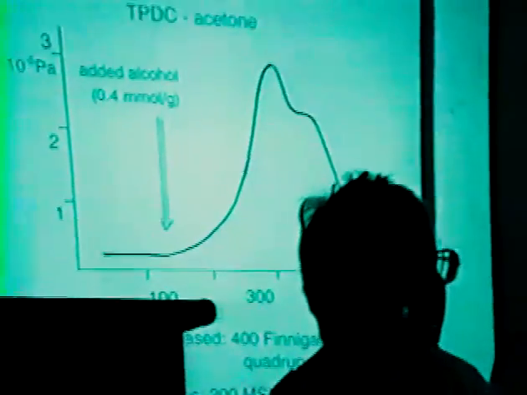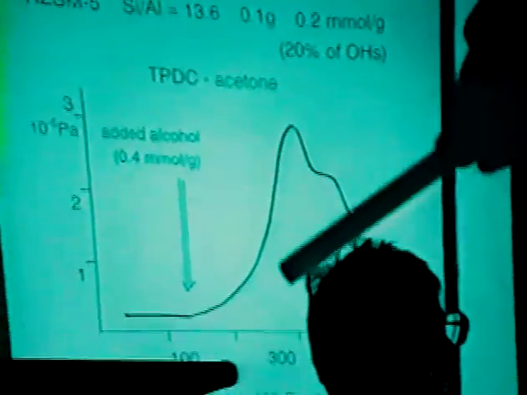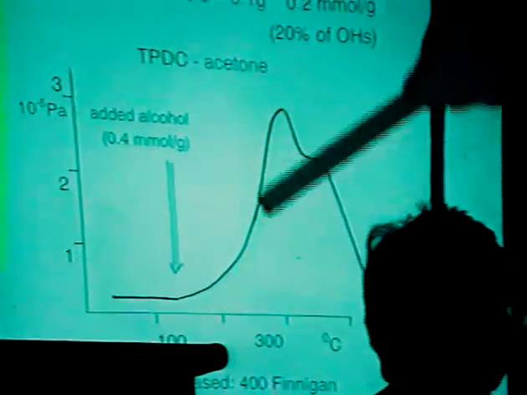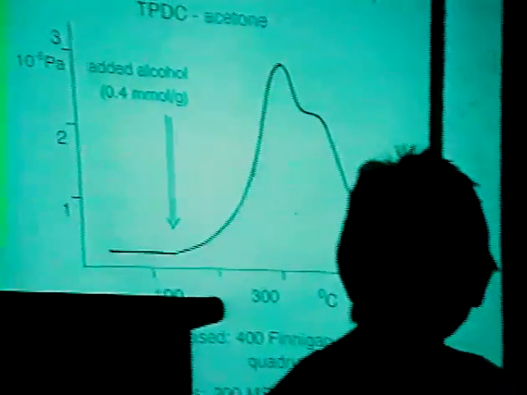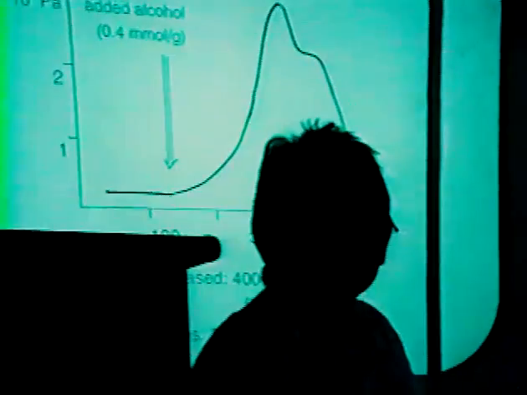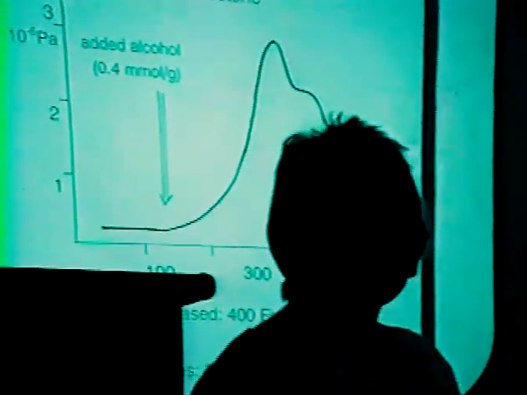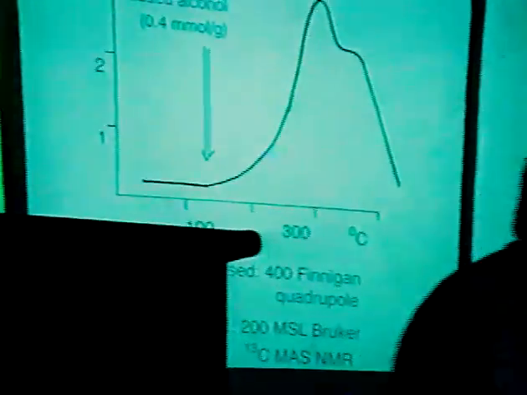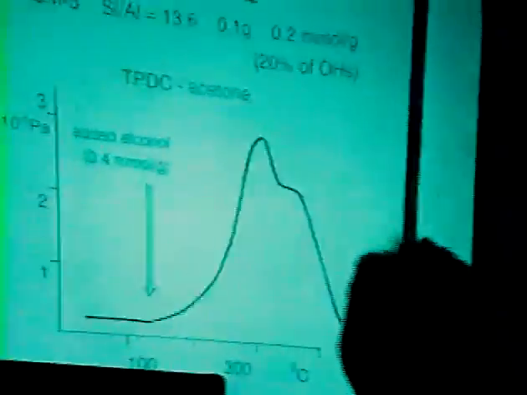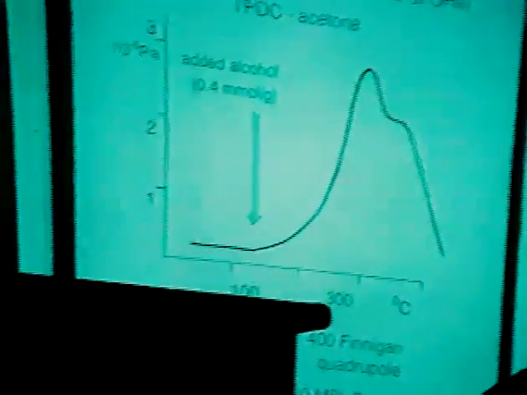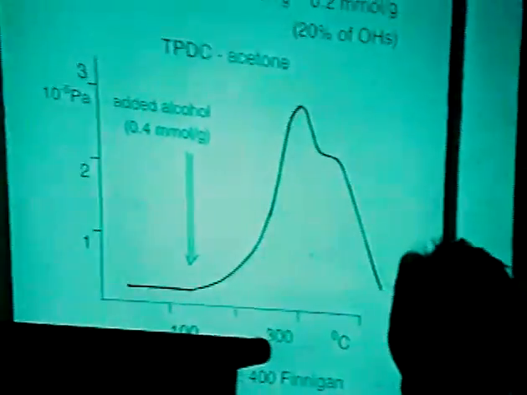The surface species were studied at certain temperature stages with Fourier transform infrared spectroscopy and carbon-13 MAS NMR, and ethyl alcohol only by mass spectroscopy.